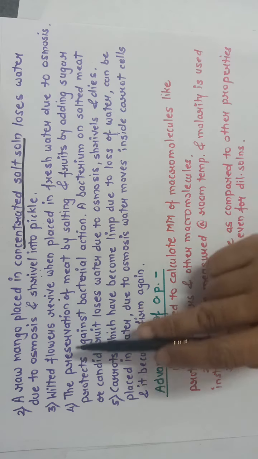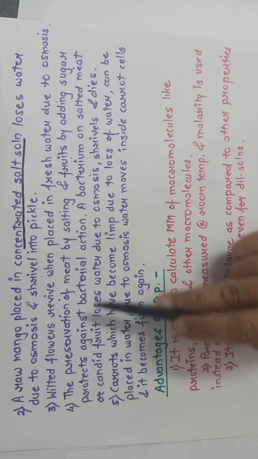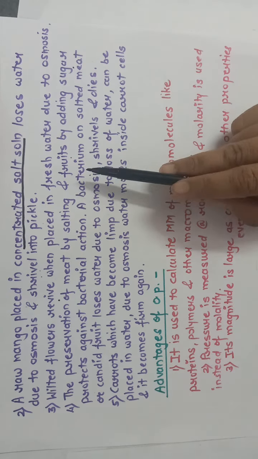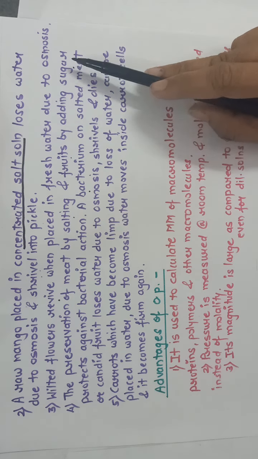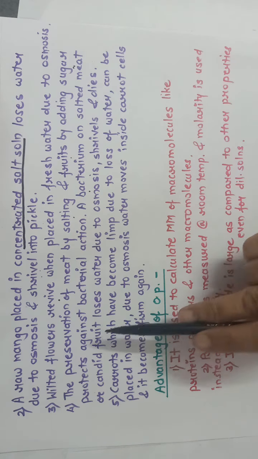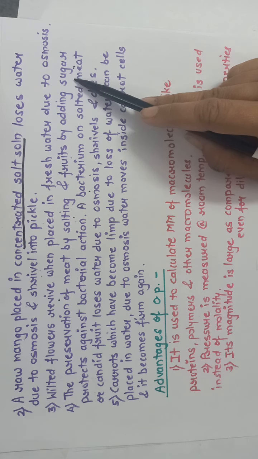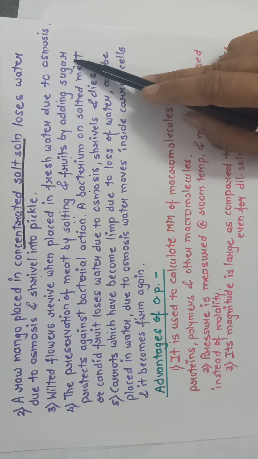The meat is preserved by salting. The fruits are preserved by adding sugar to protect against bacterial action. Now what happens? For a bacterium, the salty solution or the sugar solution is not isotonic, and therefore these bacteria collapse when they are placed in salty solution or sugar solution, and therefore the meat is preserved by salting and the fruit is preserved by adding sugar.